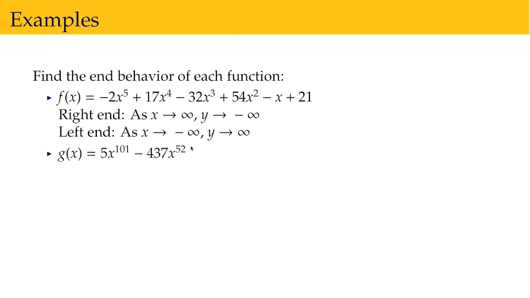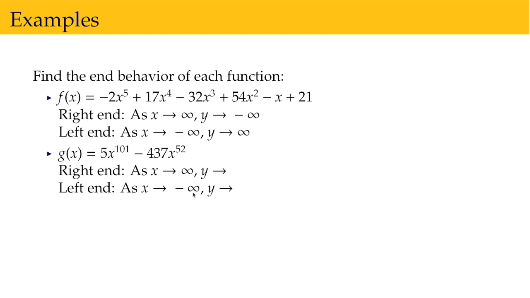I ignore this one altogether. I've got my fill in the blanks here. So on the right end, remember the x's on the right always go to infinity. The x's on the left always go to negative infinity.